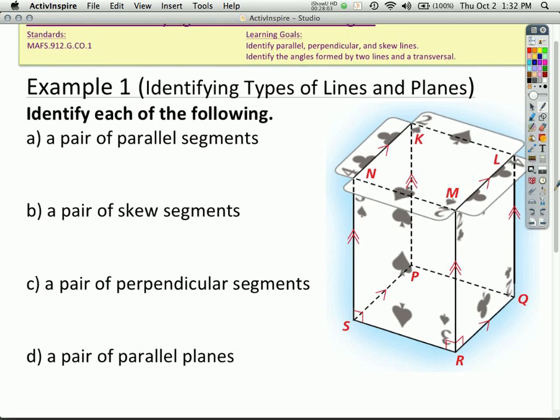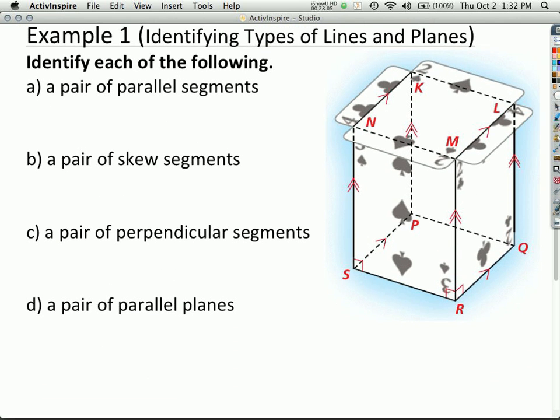So example 1, I do not expect you to draw the picture at all. I decided to pick a picture that sort of had some real elements to it. It's supposed to be a rectangular prism made out of playing cards, so you can see the little images from the playing cards within the picture. But that's not really the focus.